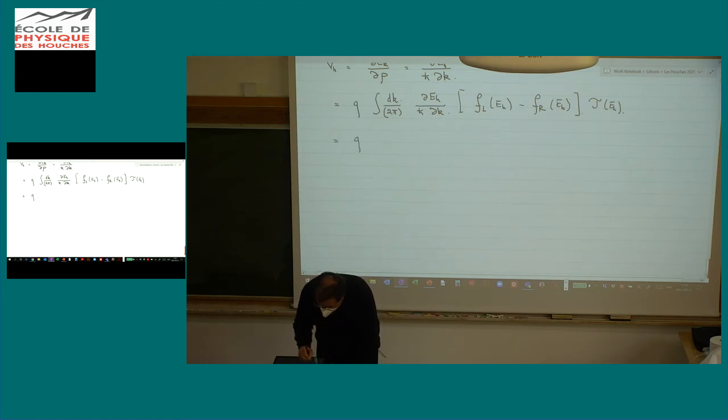So now I can replace this by q. I get a factor 2 pi times h bar, which is h here. And then I have an integral over dE times the transmission at this energy times the left Fermi occupation, which is f of E minus the chemical potential mu left, minus the Fermi factor on the right, which is f of E minus the chemical potential on the right.